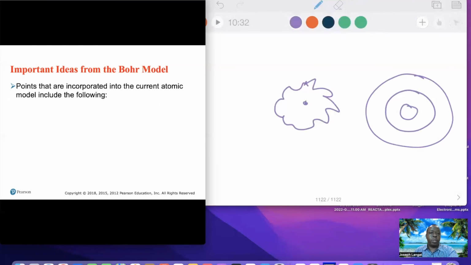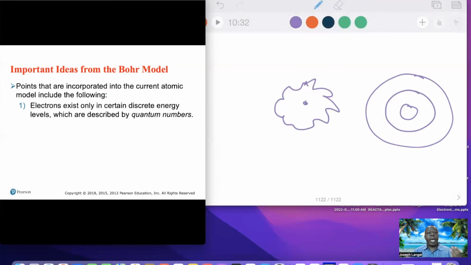But it's important, though. This was the foundation for what we will see later on: electrons occupy specific energy levels.